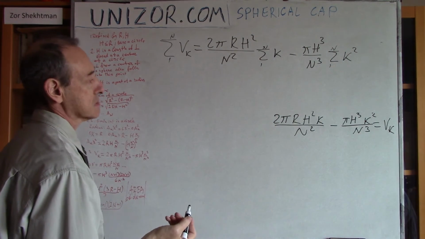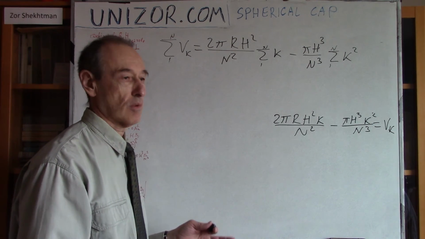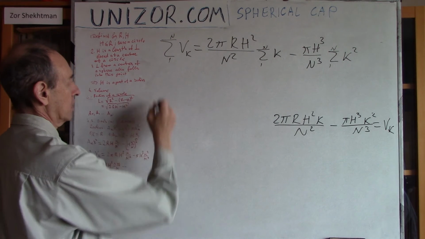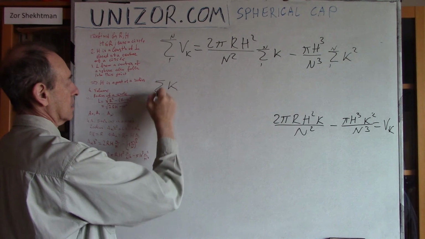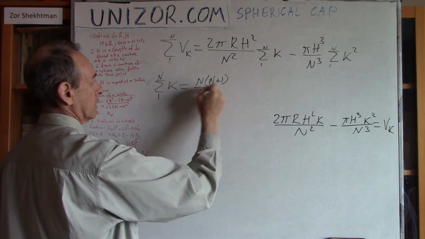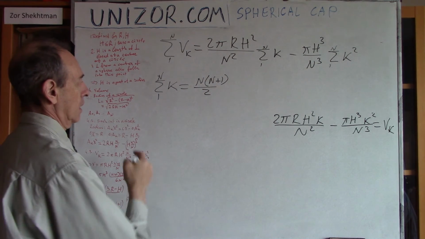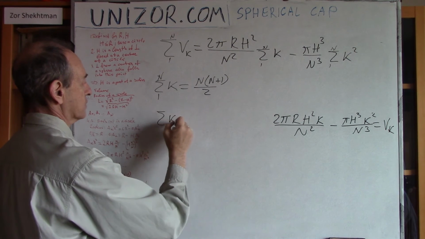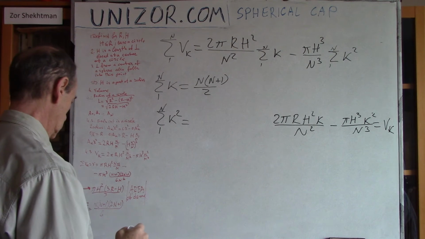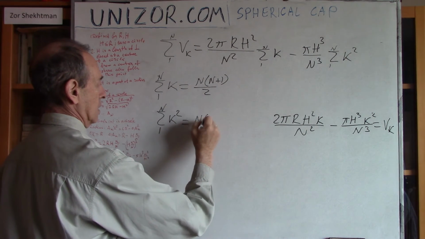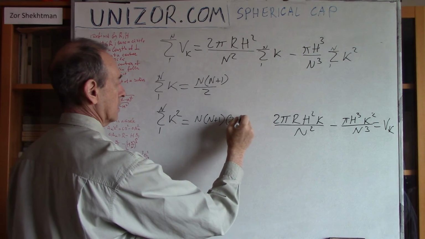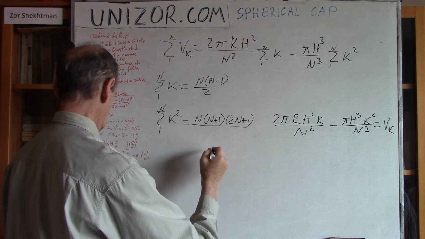Now I will use something which I basically derived before more than once, namely sigma k is equal to n times n plus 1 divided by 2, and the sum of squares is equal to n times n plus 1 times 2n plus 1 divided by 6.